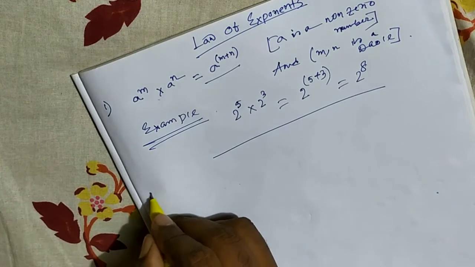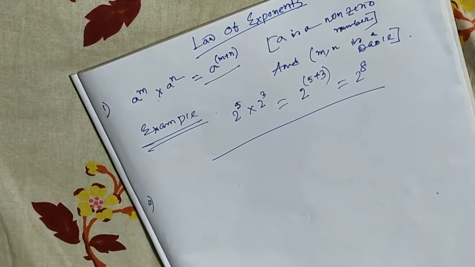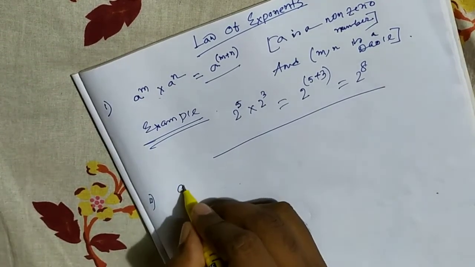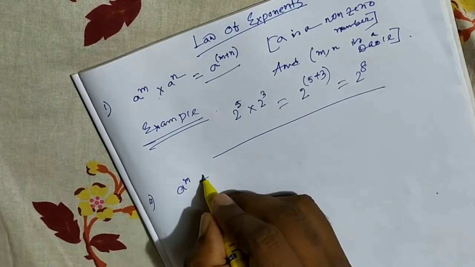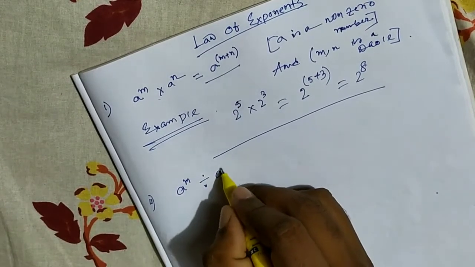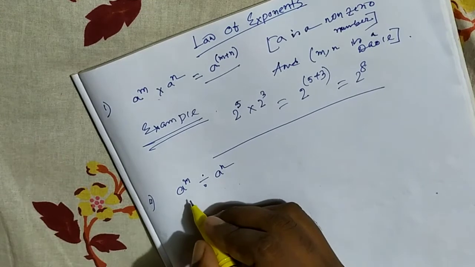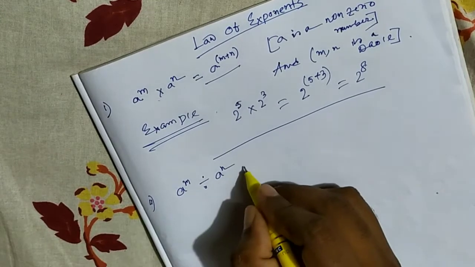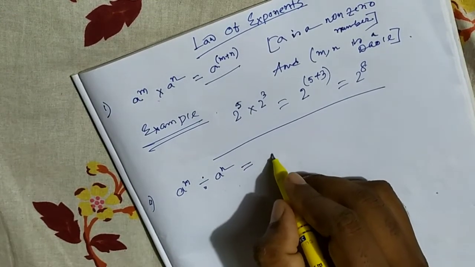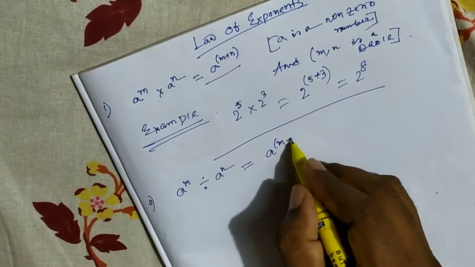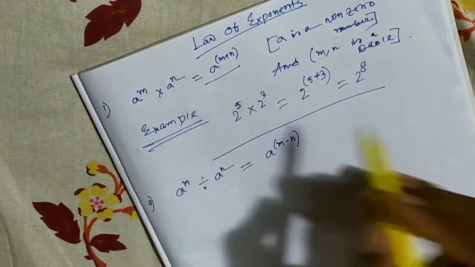Law number 2: a to the power m divided by a to the power n, we write a to the power m minus n.